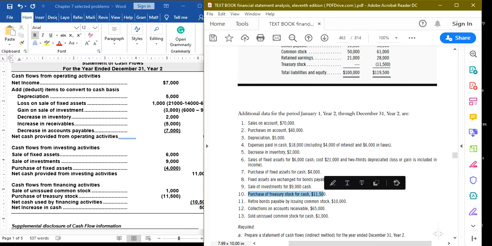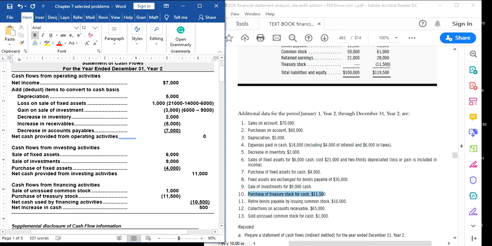Cash outflow, negative. We add these two, we end up with negative $10,500. Now if we add this and this and this, all gives us $500. So the net change in cash is $500.